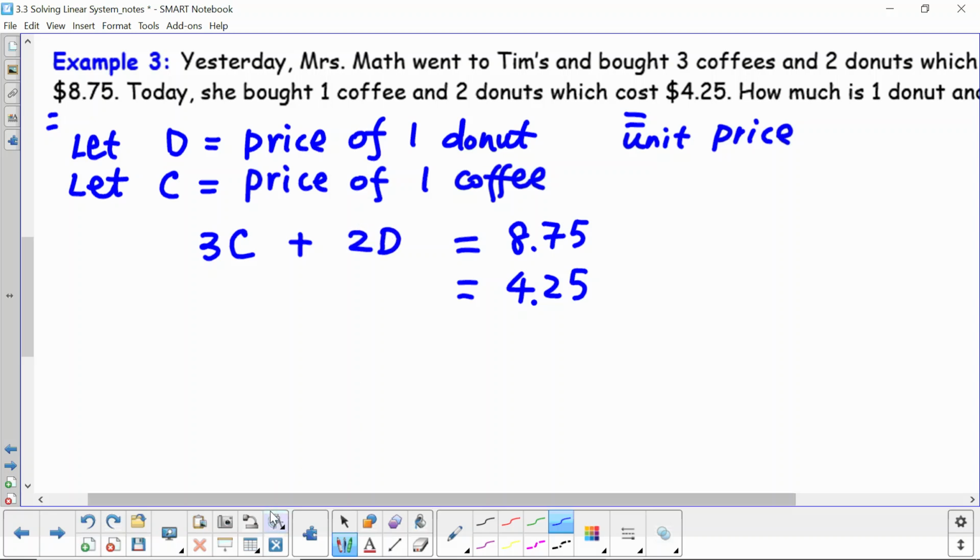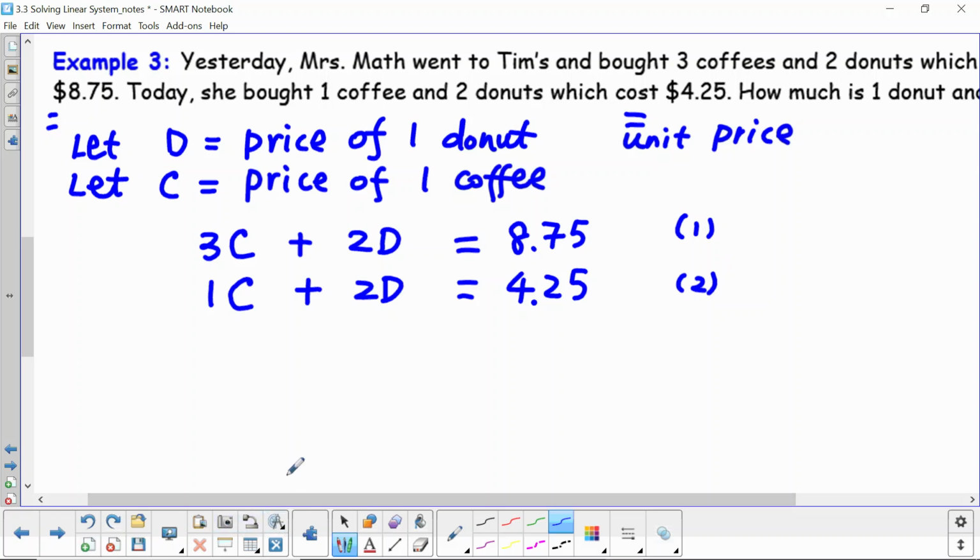That is the first equation, and for second equation is 1 coffee plus 2 donuts. 2 times donut unit price give you the cost of the donuts. So this is equation 1, this is equation 2.